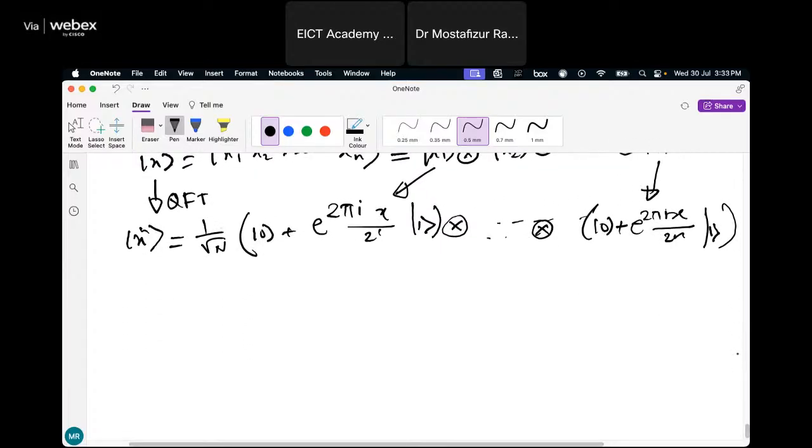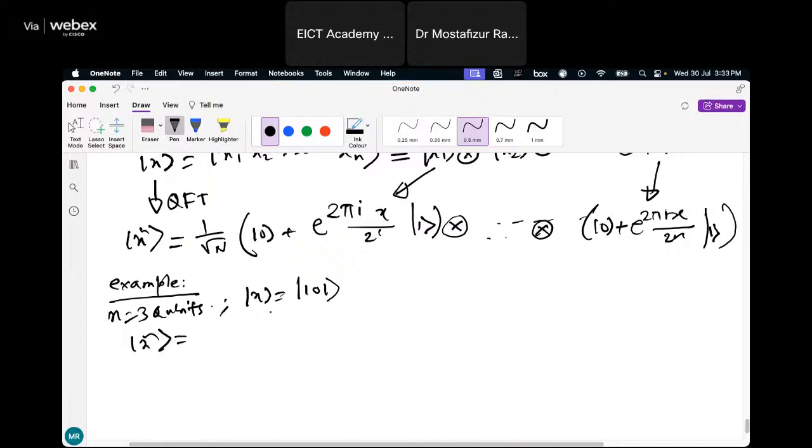So now let's take an example. Suppose n equals 3 qubits, and suppose you have |x> equals the state |101>. This is your initial state, and you are applying the quantum Fourier transform on this. So |x tilde>, that is the quantum Fourier transform of |x>.